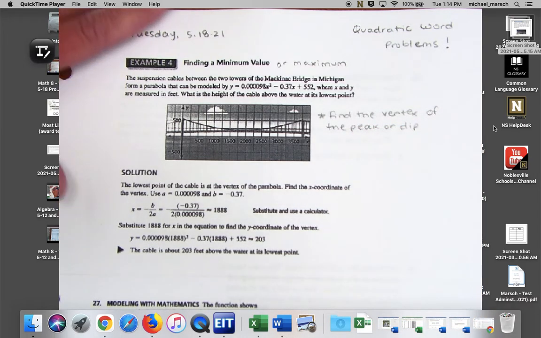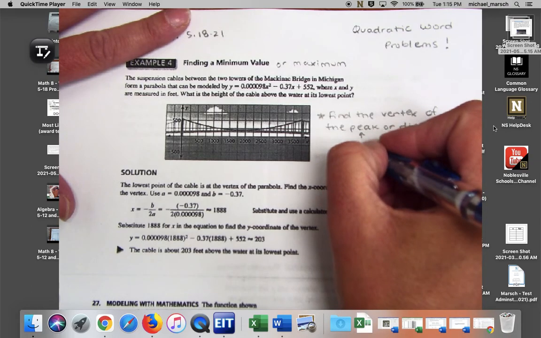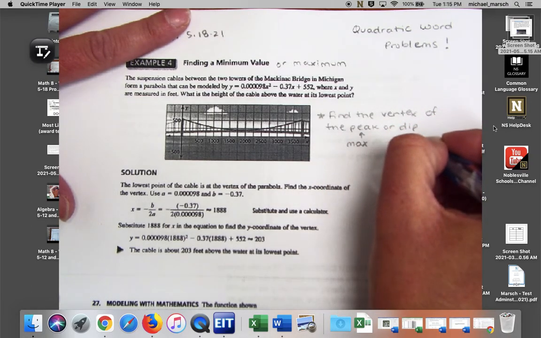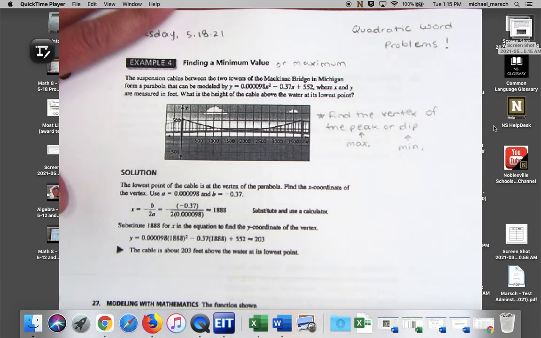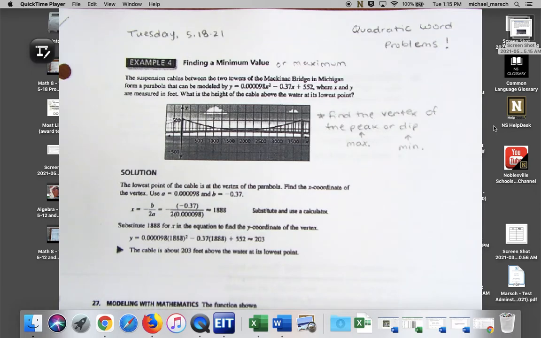Peak is our maximum, dip would be a minimum. So in theory, after today, I could give you a quadratic formula. You could determine the x-intercepts and the vertex, and you could draw the parabola.